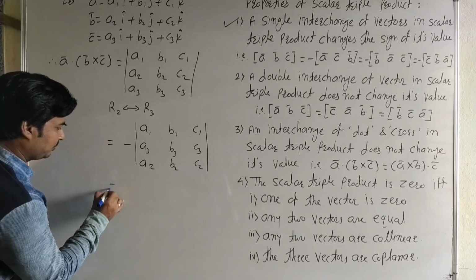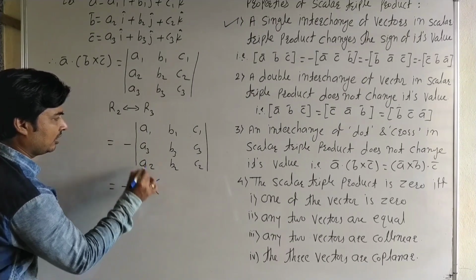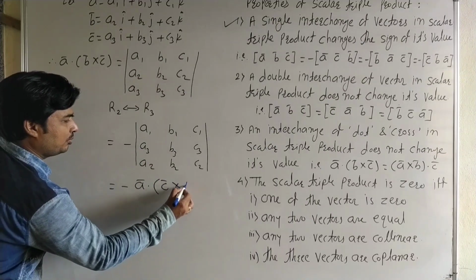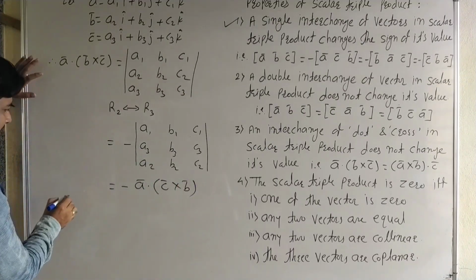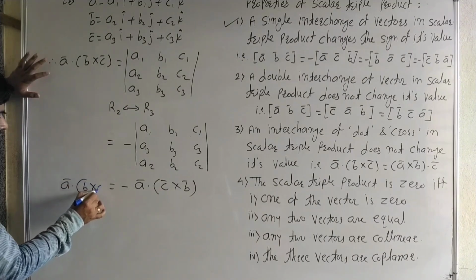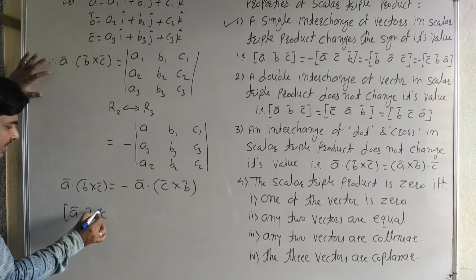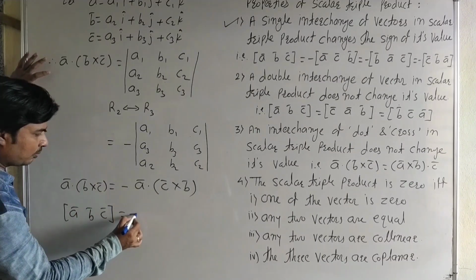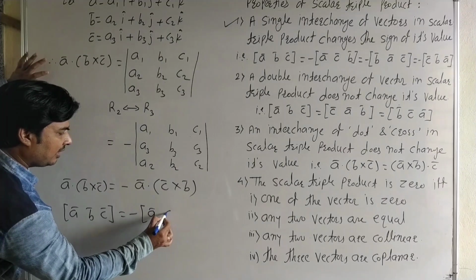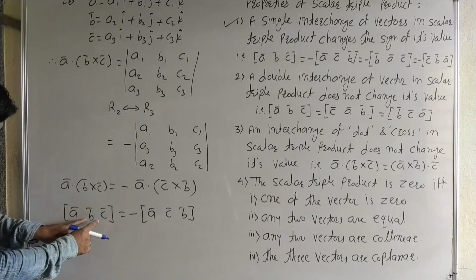So minus A bar dot C bar cross B bar is equal to A bar dot B bar cross C bar. In terms of box product, A B C is equal to minus A C B. That means a single interchange, interchanging B and C.